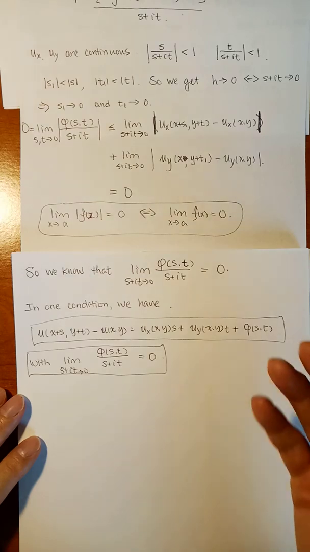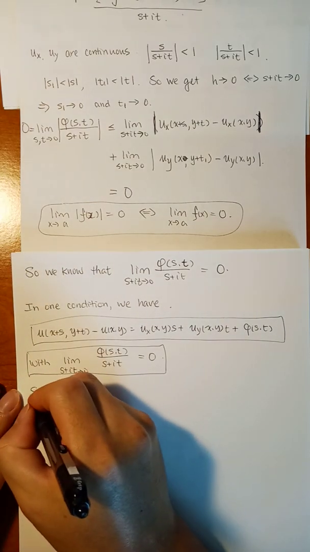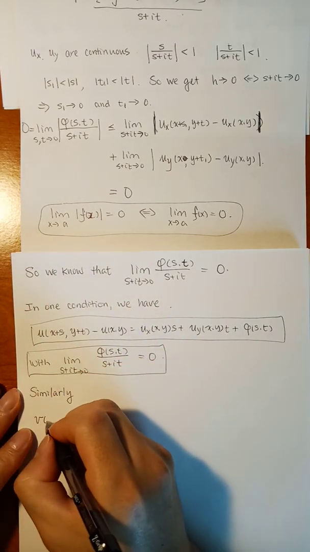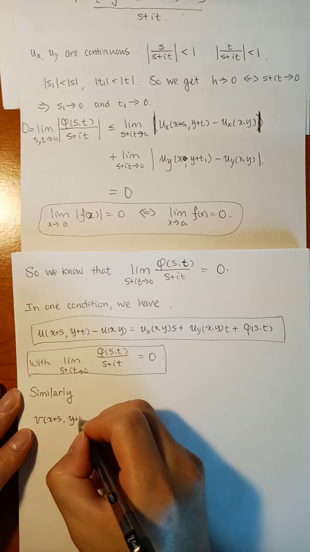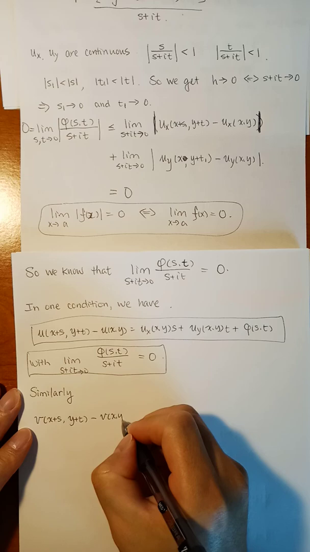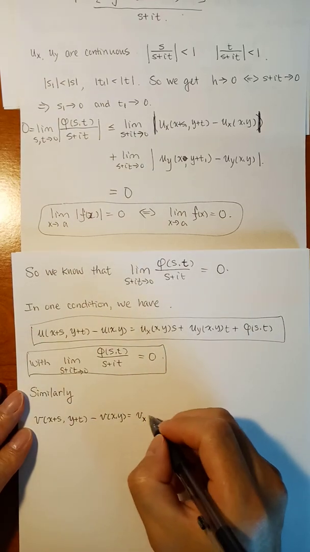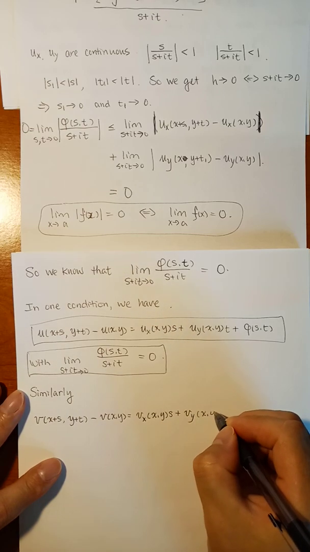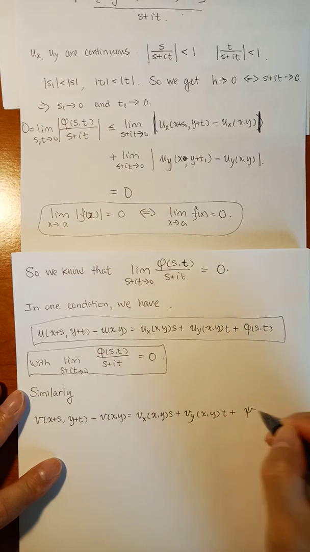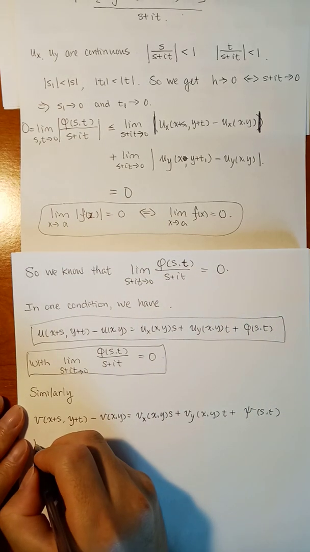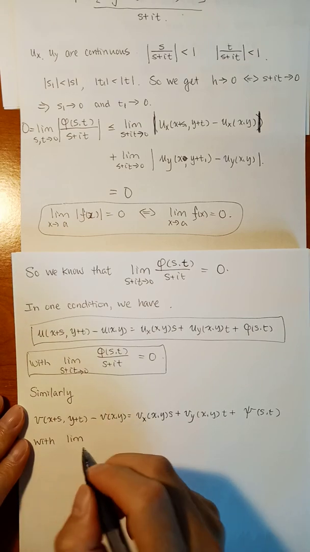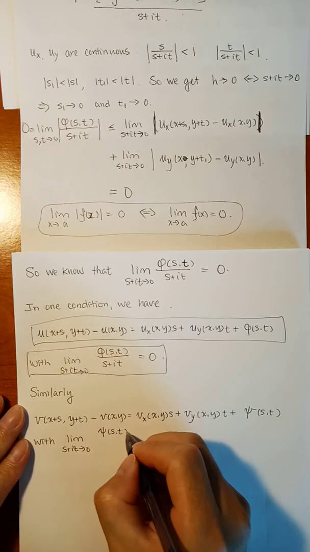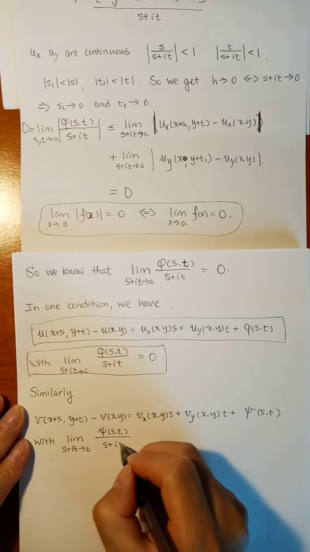And u and v, they are symmetric, so similarly we have v of x plus s, y plus t minus v of x, y is equal to v sub x of x comma y times s plus v sub y of x comma y times t, plus another function psi of s, t, with the limit as s plus it approaching 0 of psi of s comma t over s plus it equal to 0.